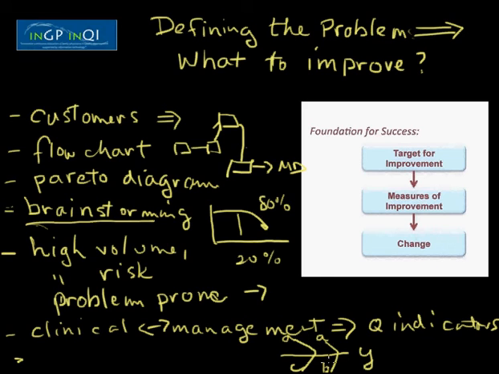And when we add them all up, it will give us, again, sort of like flowcharting, but instead of movement, it says cause and effect. So the fishbone diagram is another very important tool in the QI process.